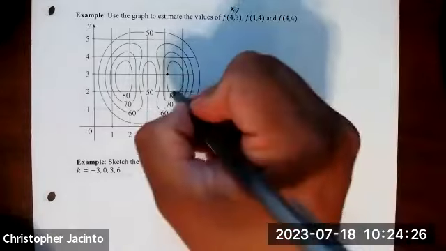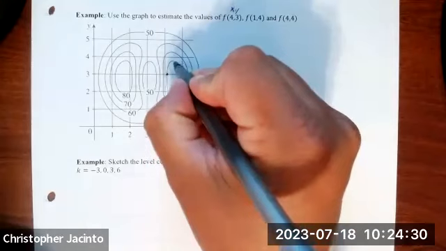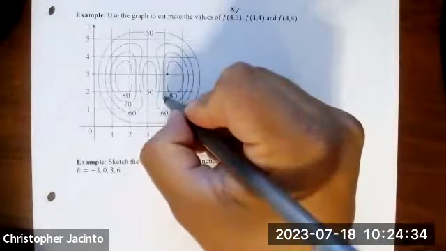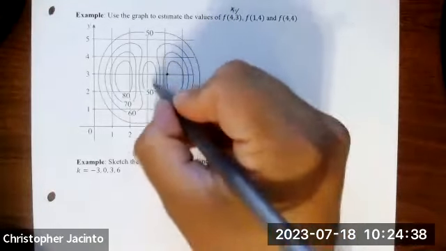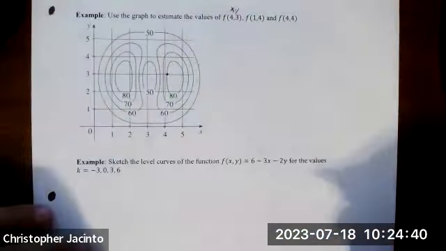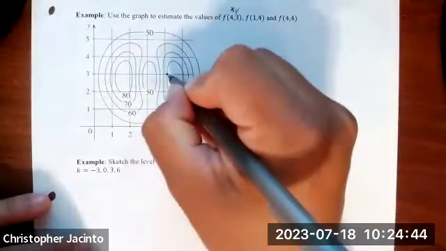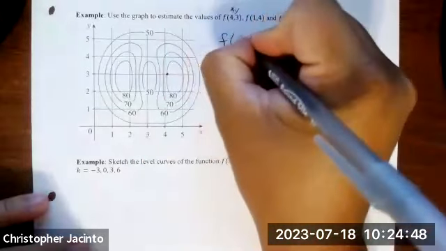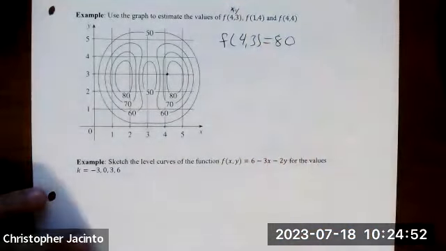Okay, so remember, these level curves are all the same. Anywhere on this curve here is always going to be the value of 80. Anything on this curve here is going to be the value of 70, and so forth: 60, 50, and so forth on the other side. So since (4, 3) is on the curve of 80, we can estimate that it is approximately or exactly 80.